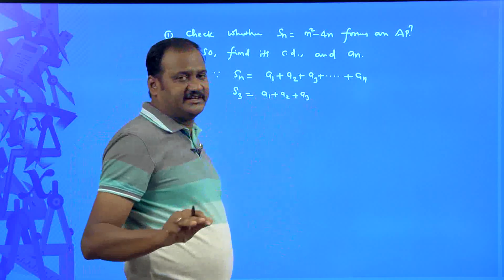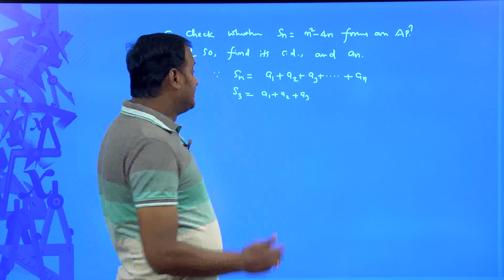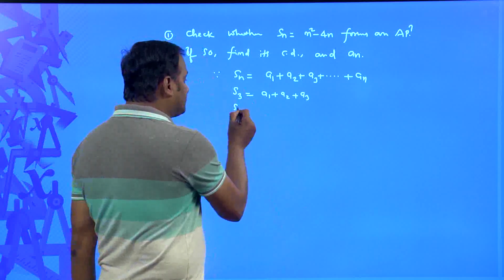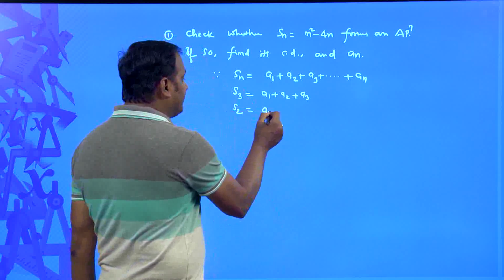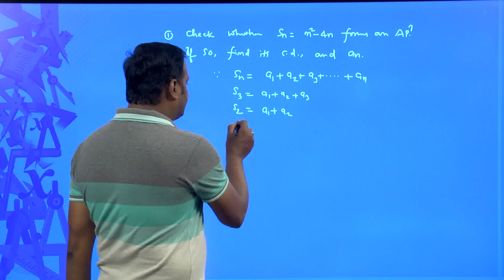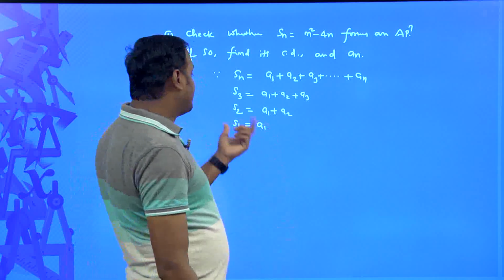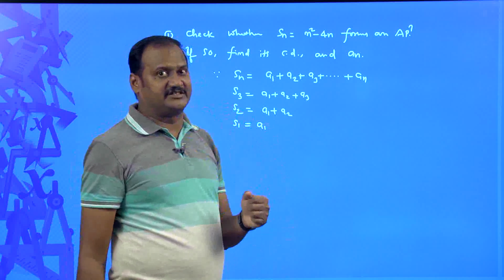If I have only 2 terms, then it would be A1 plus A2. Suppose I have only one term, then S1 is equal to A1, right.